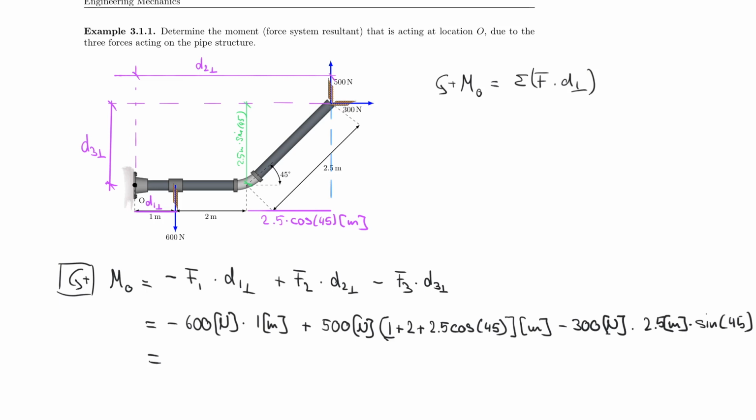So now it's just a question of plug and chug, or actually like chugging, because we already plugged it. So what we will find is that our moment actually is positive 1,254 Newton meter. And there are two important things here to understand. Number one is that it's Newton meter. It's force times distance.